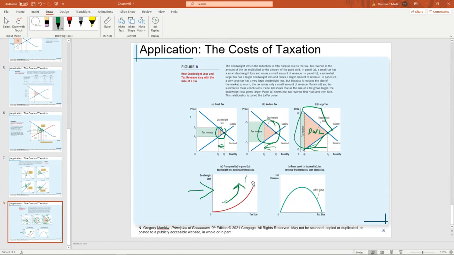Consumers are going to stop buying it, and producers are going to stop selling it. If it costs the producer $50 to produce the product, and the tax is $55, there's no reason to produce it, because you're having to pay the government just to deliver the product.